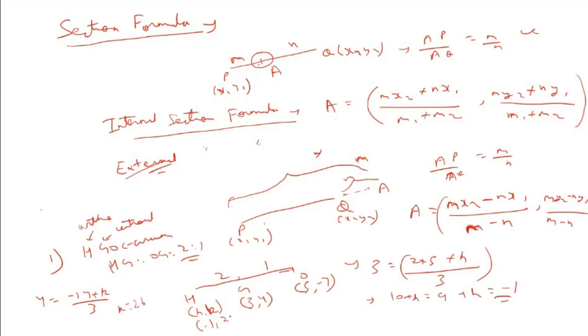So -1 comma 26 is your orthocenter coordinates. So basically, if any 2 points are given, you can find out the third point using section formula. Either section formula will be directly applied, if they are given H and O, it is the direct application. If they are given the centroid to you, then you have to use section formula, but the variable would be one of these points itself, and you know this.